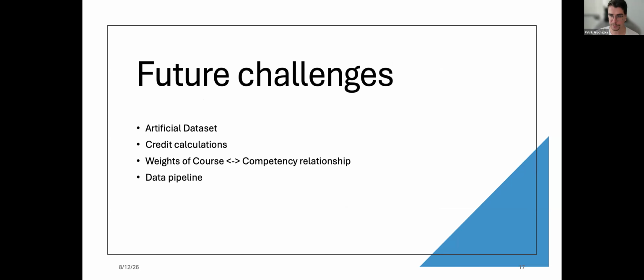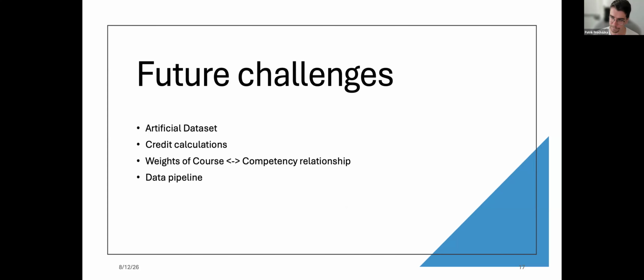And future challenges for us, currently, or mostly for me from the technical side, is the data set, because the course data, if we don't strip it to the last 2 semesters, it's really tens of thousands of records overlapping with each other. I would call it a mess.